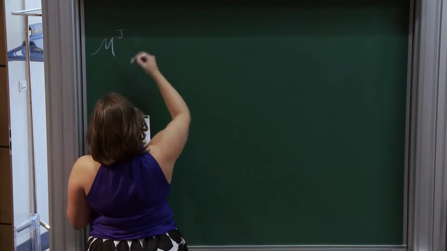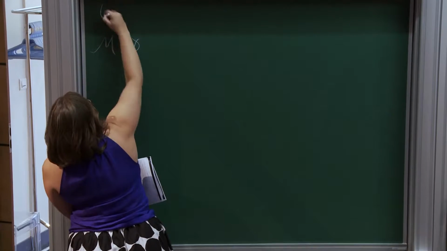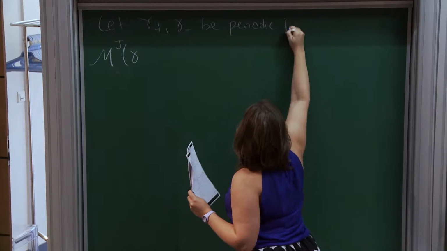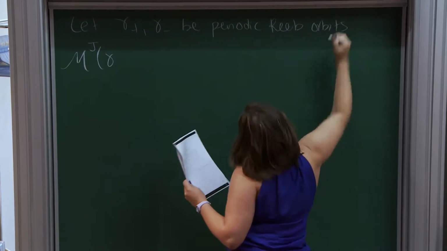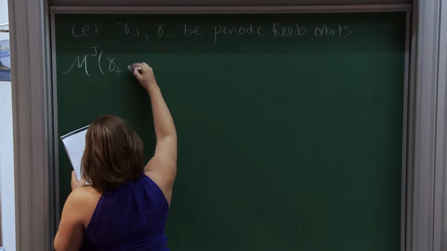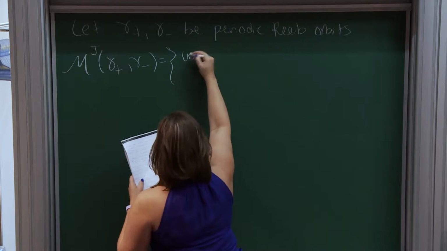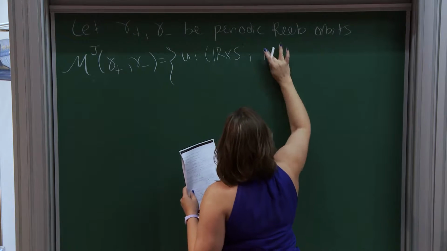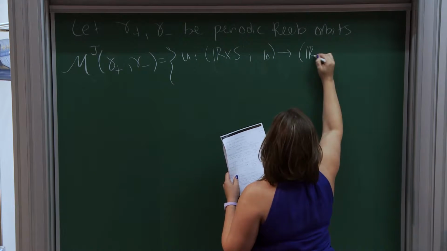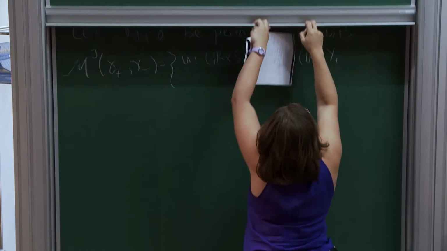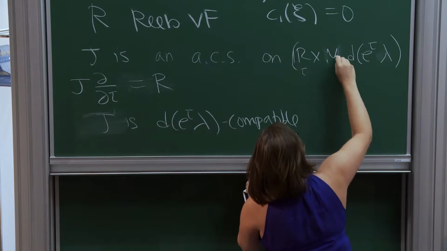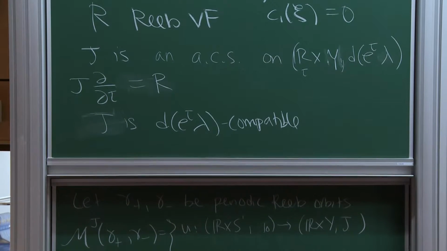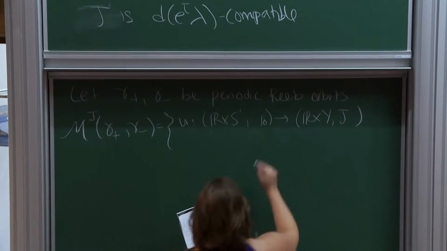So let γ plus and γ minus be periodic Reeb orbits. M_J(γ+, γ−) is going to be the set of J-holomorphic curves from a cylinder R cross S1 into the symplectization, equipped with this dλ, R-invariant almost complex structure.